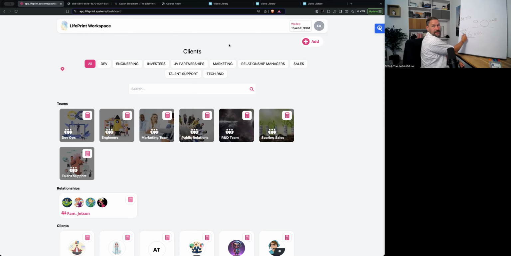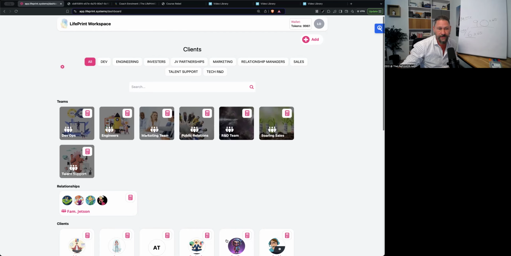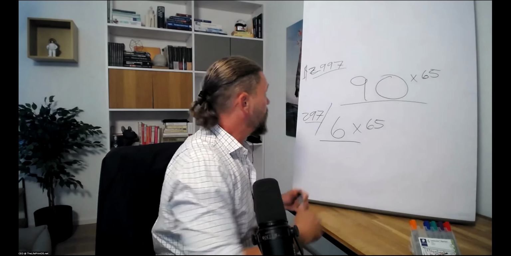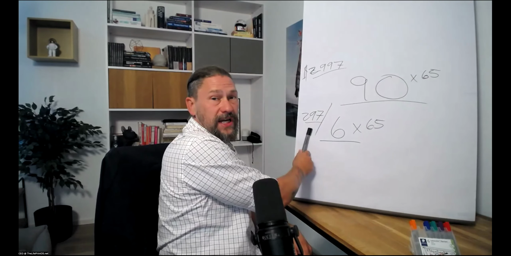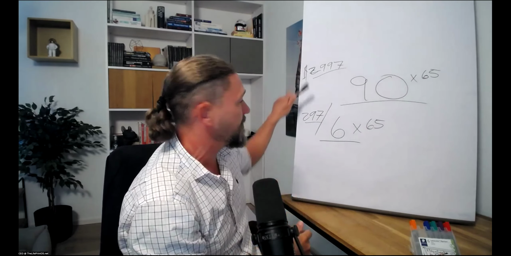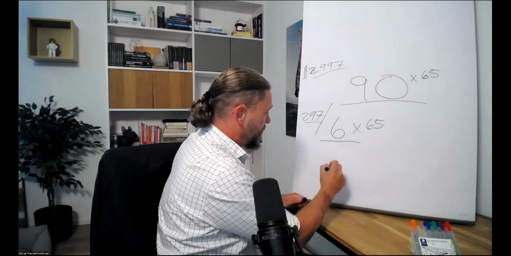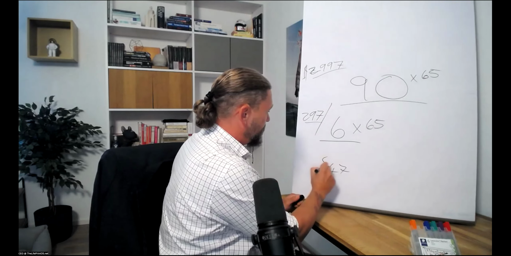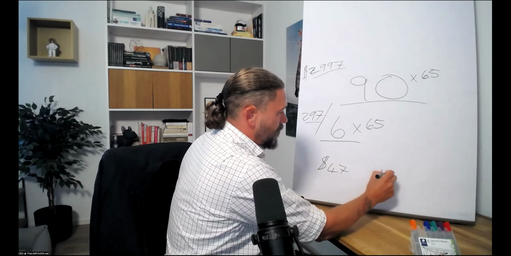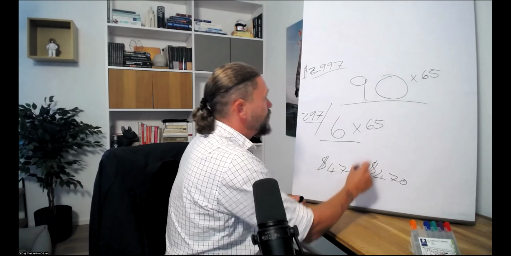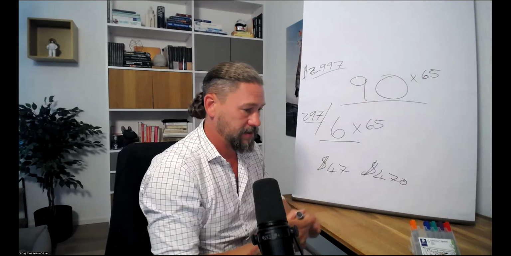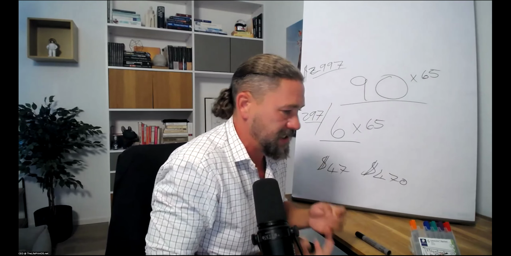Remember, your investment is either one of those two: $2,997 or $297 per month. Remember, it doesn't stay there. The minute you certify, it drops down to either $47 per month or $470 for the year, for which you still get more tokens. So we never ever want you to get nothing.